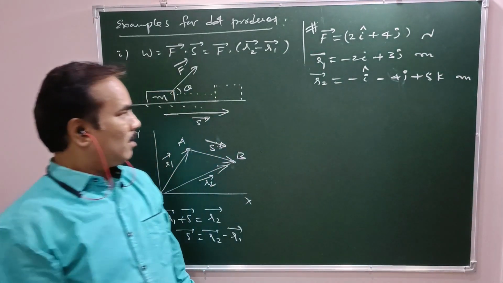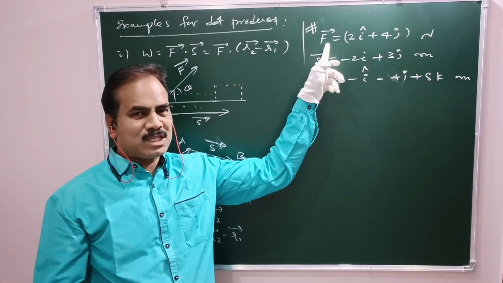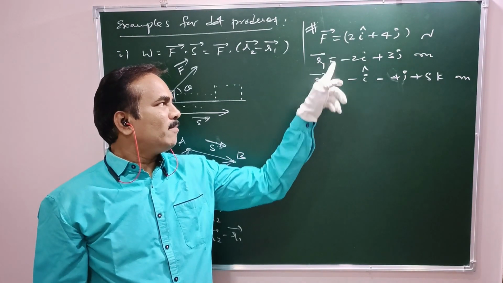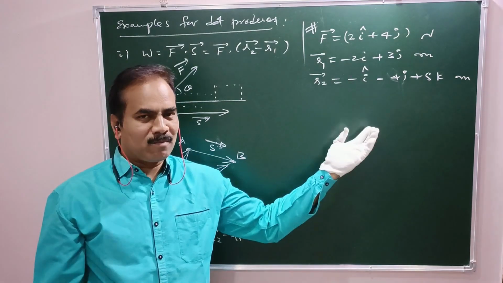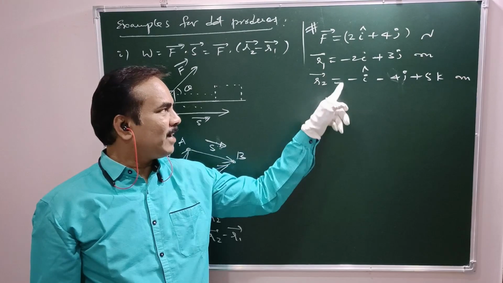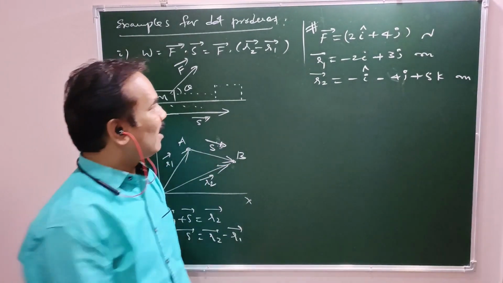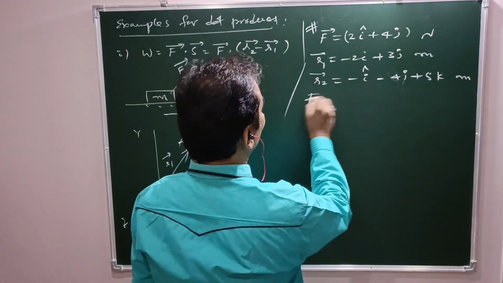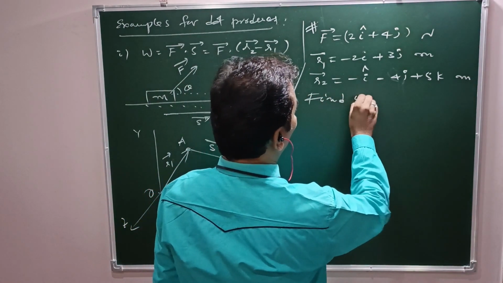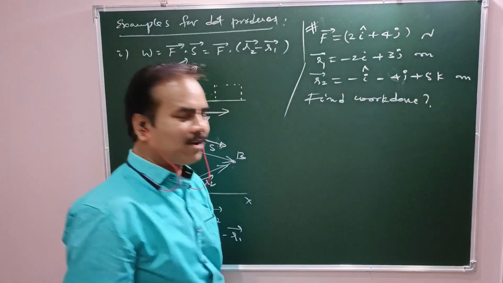If a particle is acted upon by this much force, which displaces it from one point to another point, such that the initial position vector is so and so and the final position vector is so and so, then what is the work done by that force on that particle? Let us see. Find the work done by the force.